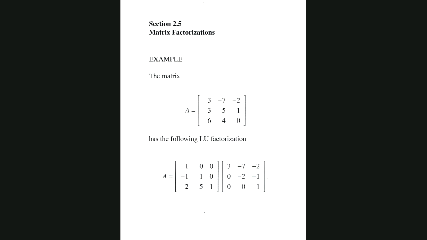Above the diagonal, we have non-zero entries, or at least they're not all zero. So that's called an upper matrix. We usually call them lower triangular and upper triangular matrices.